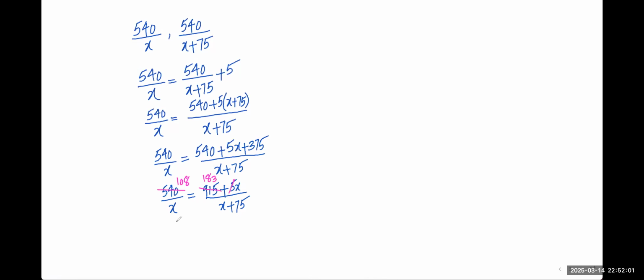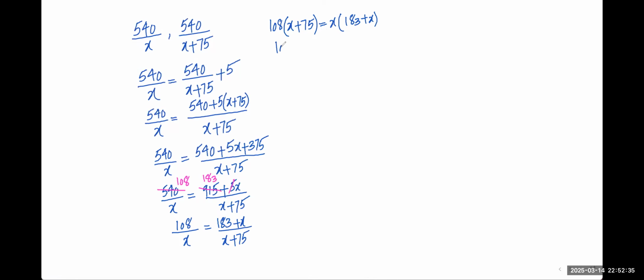So then 108 divided by x is equal to (183 + x) divided by (x + 75). Cross multiplying these values, (x + 75) multiplied by 108, and x should multiply with (183 + x).